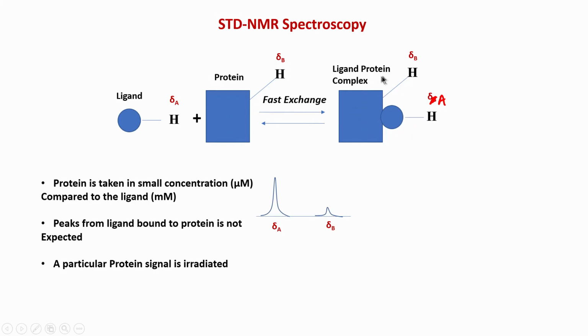So, these two reasons result in no signal being observed from the bound ligand. Protein is of course very weak in intensity, but further we will not get any bound form, because that population is even less because of this dynamic exchange. So, the spectrum will be dominated by the free ligand.